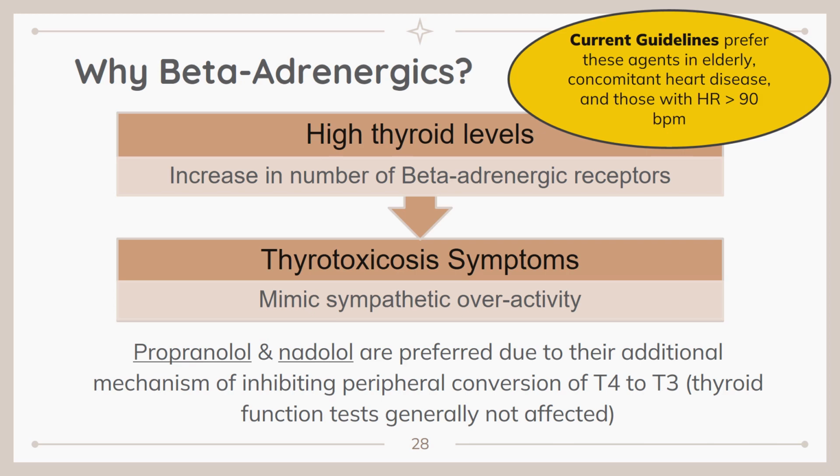In patients who have sympathetic overactivity, we would normally use beta blockers if it is a cardiac problem. And in patients who have elevated thyroid levels, we can add on those beta blockers that can mimic those same effects. Specifically, we want to look at propranolol and nadolol, which are preferred due to their additional mechanism of inhibiting peripheral conversion of T4 to T3.